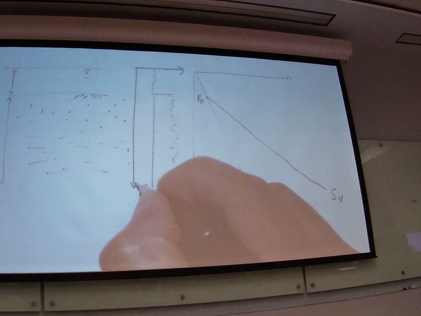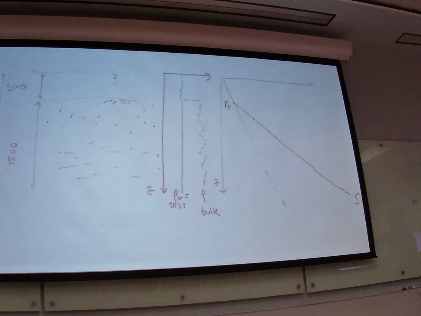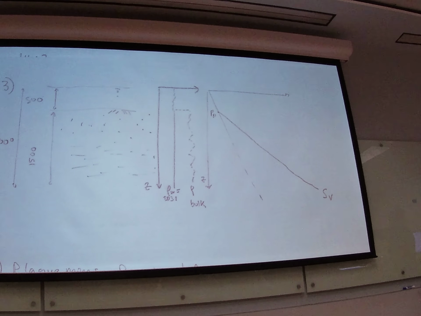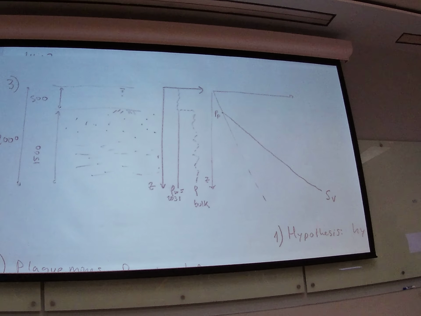After you get that, I'm telling you that we do not know what the pore pressure is. So, one, I'm asking you to make a hypothesis saying that it is hydrostatic. We actually don't know what it is, but let's assume it is hydrostatic. And I am asking you to compute that hydrostatic pore pressure, which will be this one. But we don't know if that's real or not, okay?